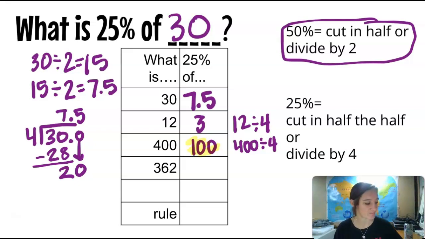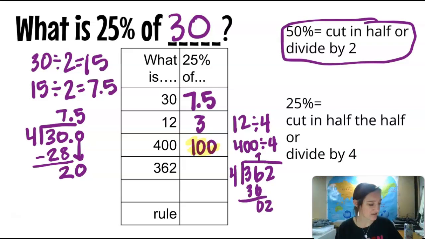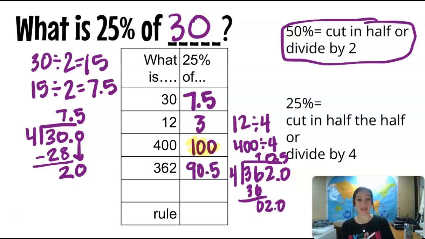Let me give you another example. 362. If I want to find 25% of that, I'll divide it by 4. That will give me 90.5. All right, here's another example. I want to get a new VR set, but it's $362.